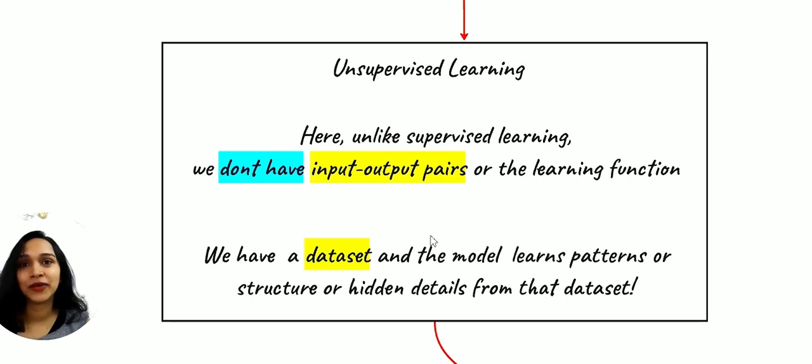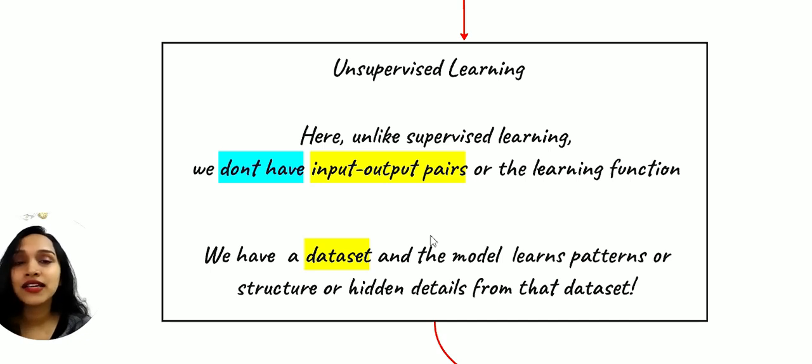Without having any label, without telling the computer, oh, this is the image of a bird. This image corresponds to a flower. These are the high blood glucose values and these are the normal blood glucose values. We are not telling any of this. We are just feeding the model a data set. The data set can contain many images, different blood glucose values, or different emails without any labels.